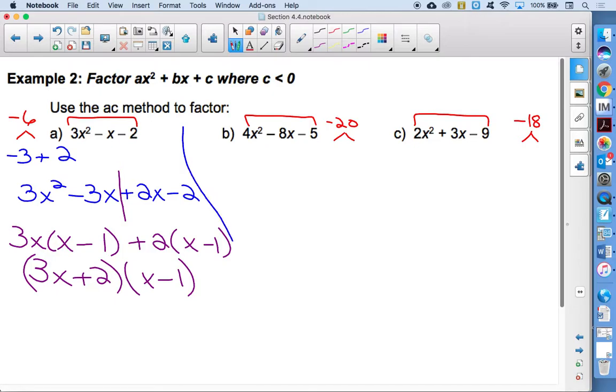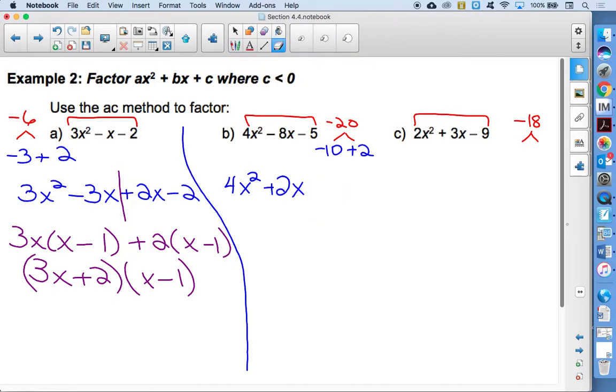So Dylan H, if we have a negative 20 for the second one, what multiplies to this negative 8? Negative 10 and 2. So when you're writing that, which would you put first with the 4x squared? 2x. And then the 10x. And then the minus 5.